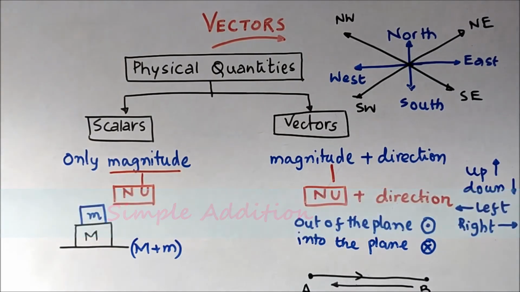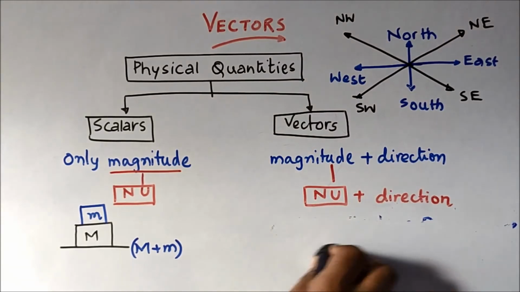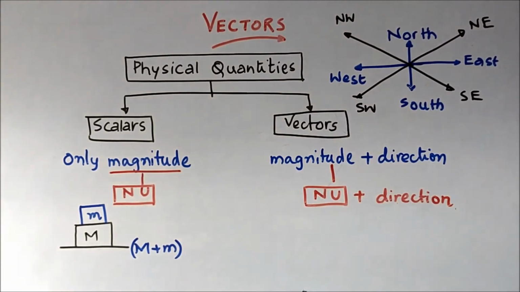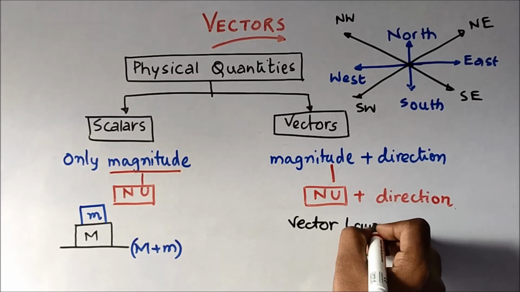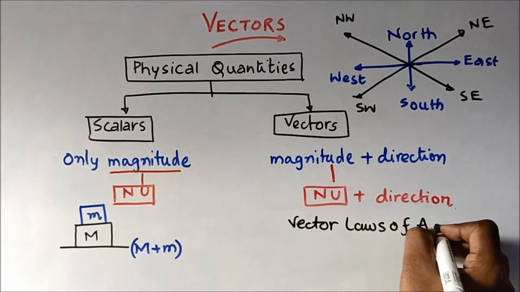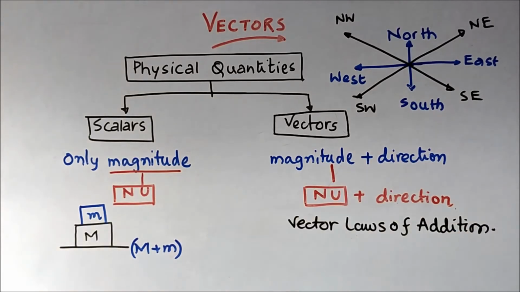But when we consider vector quantities, the basic algebraic addition may not be followed. Vector follows vector laws of addition. So what are the vector laws of addition? We are going to discuss that in further videos.